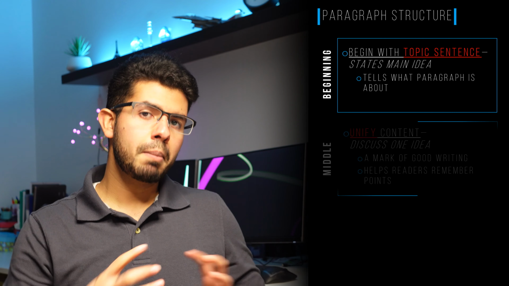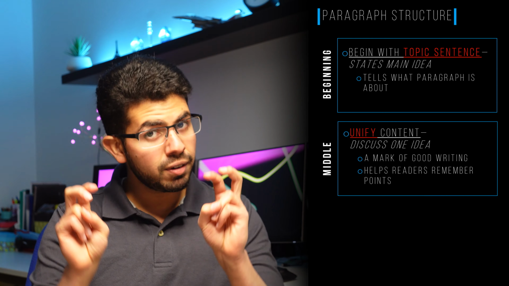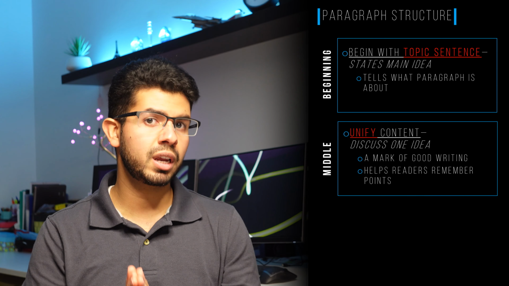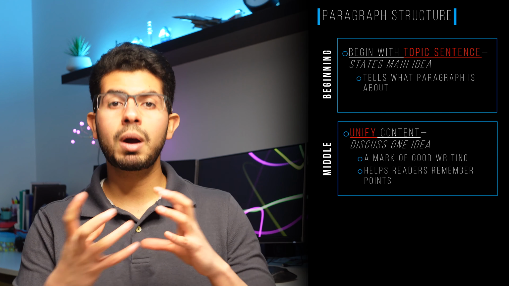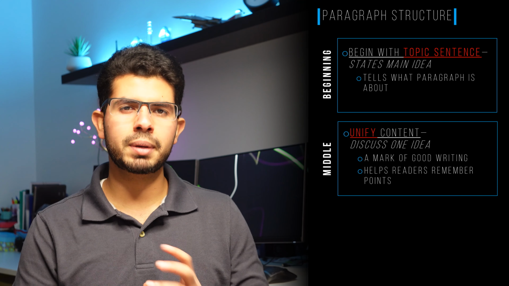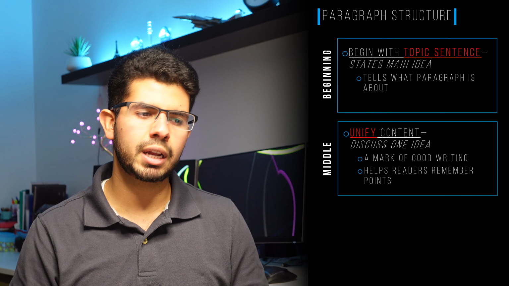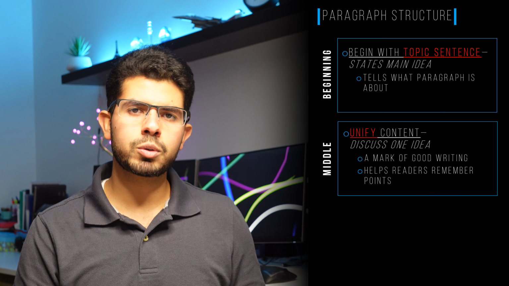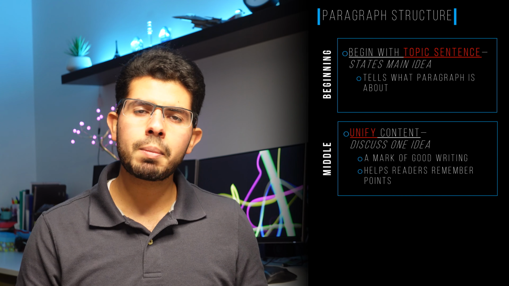Then you move on to the middle section of the paragraph, which really talks about a unified idea, and that's the key word here, unified. You want to make sure that each paragraph talks about one thing and one idea. Otherwise, it becomes a bit too difficult, and it doesn't really contribute to clarity. So it is a mark of good writing to have each paragraph discuss one idea. And it also helps the reader remember the points.